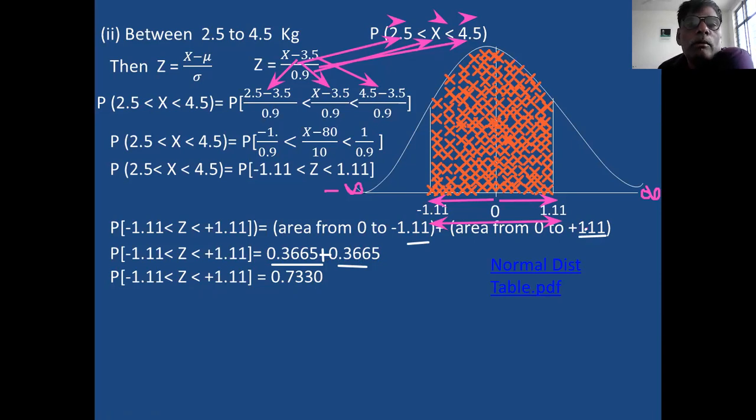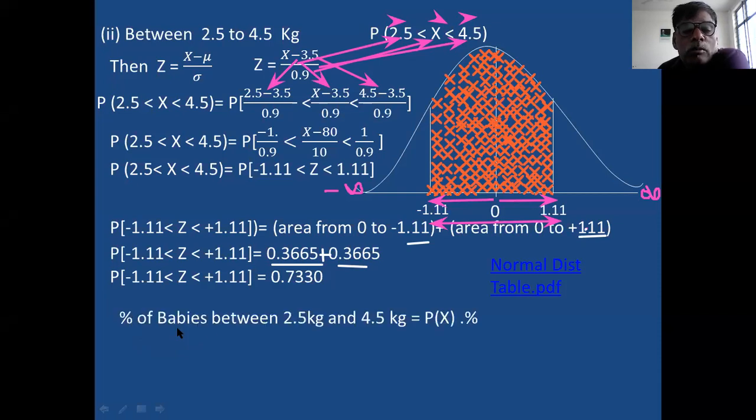But they asked to calculate the percentage of babies. So the percentage of babies between 2.5 kg and 4.5 kg is equal to probability of X into percentage. Percentage means 100.